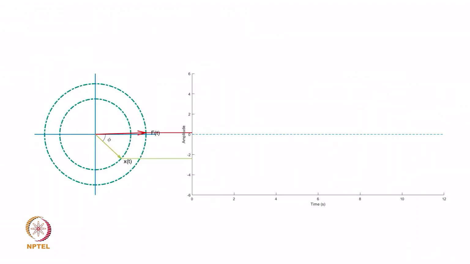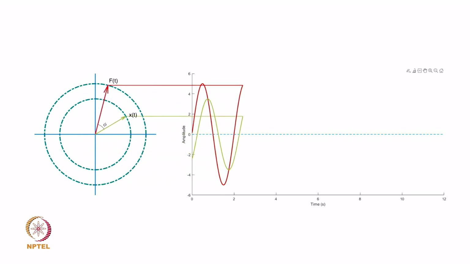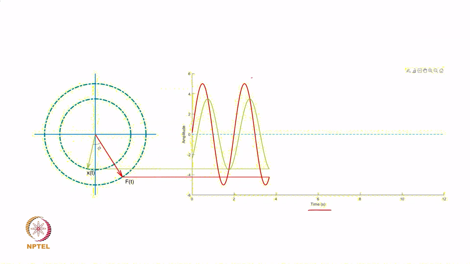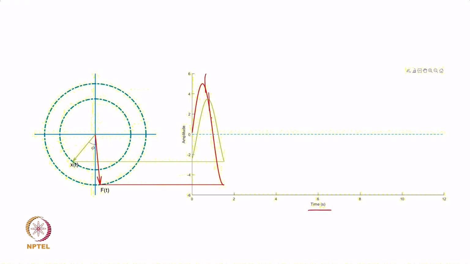Okay. Now, this animation also shows you how the force vector and response vector are moving and how that translates into a time versus amplitude graph. Let me rerun this. You can see that the force reaches its peak and then the amplitude reaches its peak.